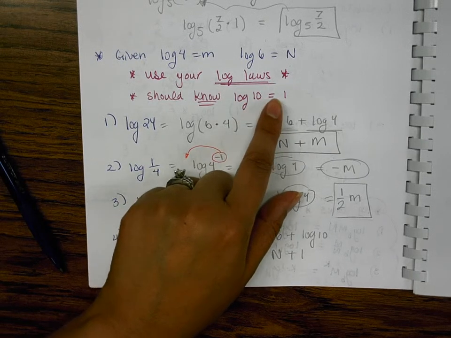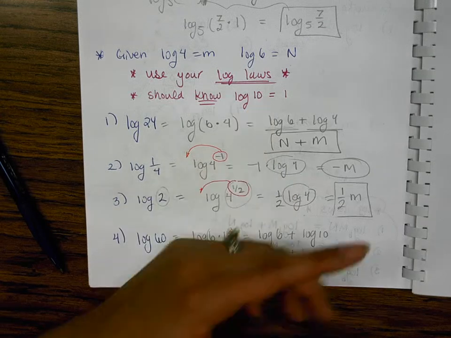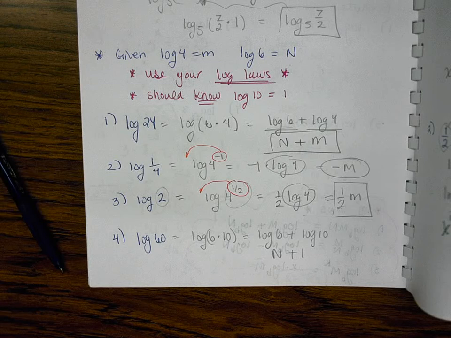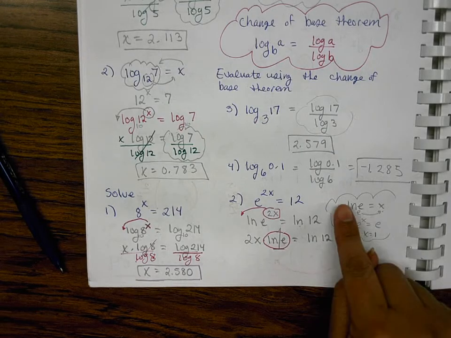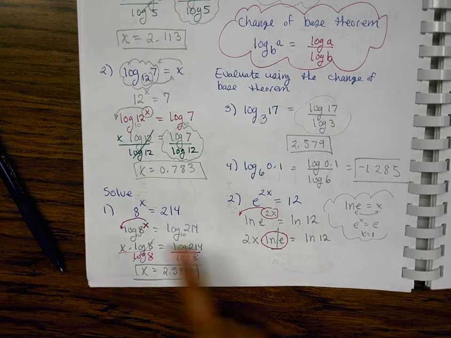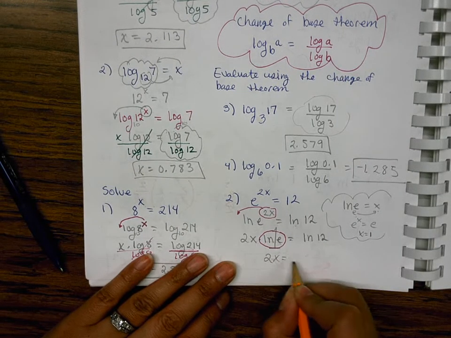Log of 10 was 1 because log base 10 of 10 is 1. 10 to the first power is 10. Log base 5 of 5 is 1. Log base 7 of 7 is 1. Log base 8 of 8 is 1. Log base e of e, or ln of e, is 1.